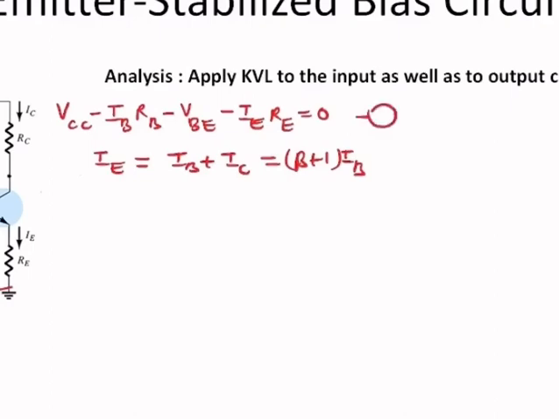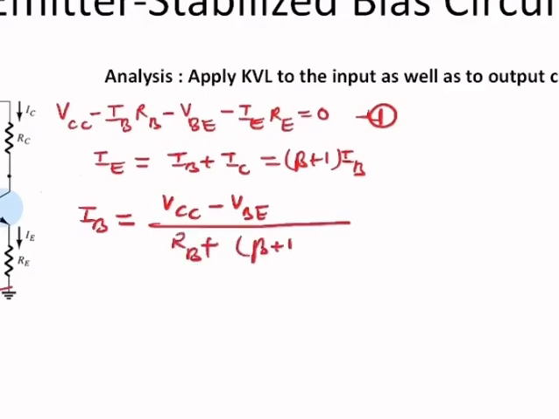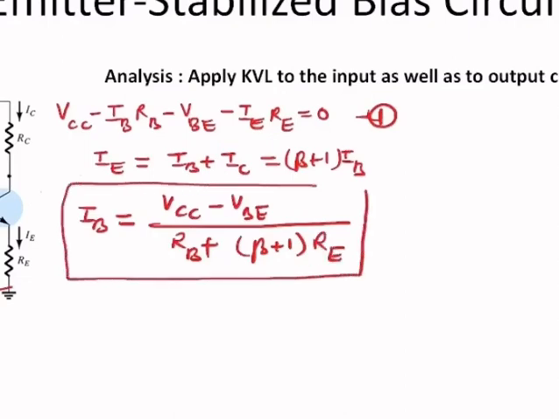Now in this equation 1, put this value of IE. We get IB is equal to VCC minus VBE divided by RB plus (beta plus 1) RE. This is the value of the base current.